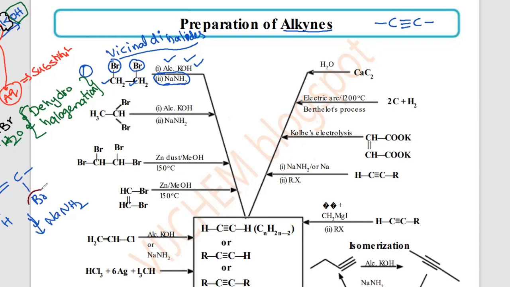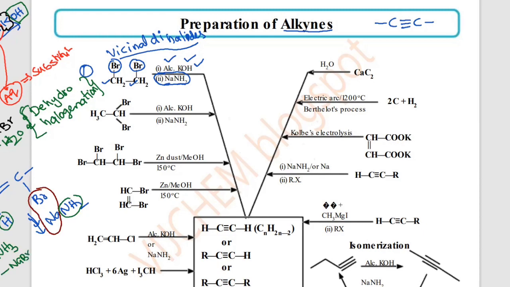This sodium and this bromine will be eliminated, whereas this hydrogen and this NH2 will be eliminated. So there will be two things eliminated: minus NH2 and minus NaBr. Obviously, there will be a triple bond between them.